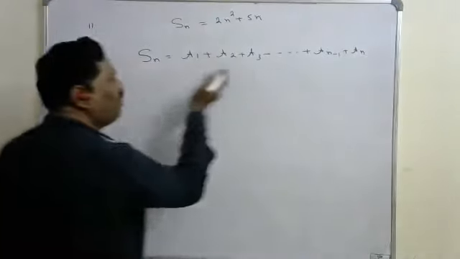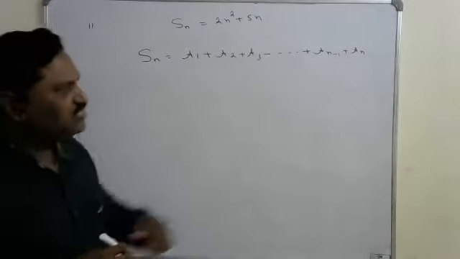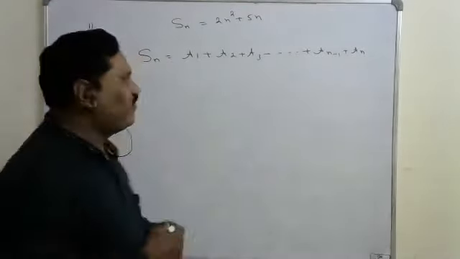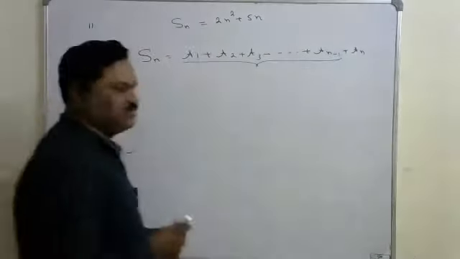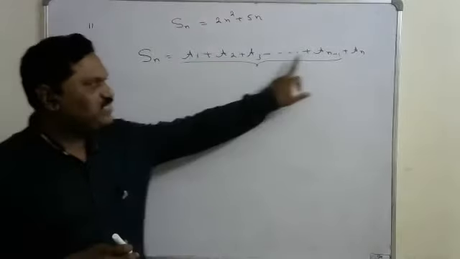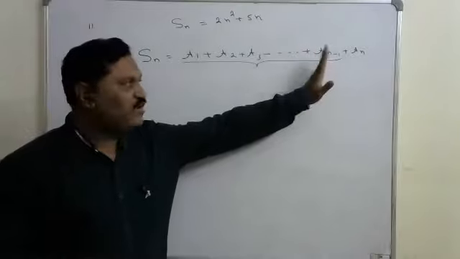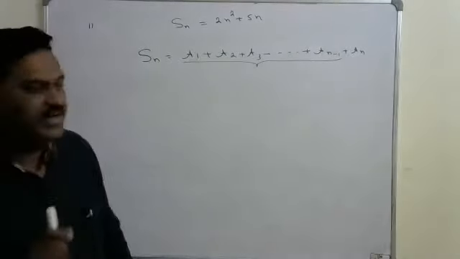This is the sum of all the n terms, represented by Sn. In this, I want to find the last term, that is the nth term. If I consider the sum of all the remaining terms, up to n minus 1, this represents the sum of n minus 1 terms.